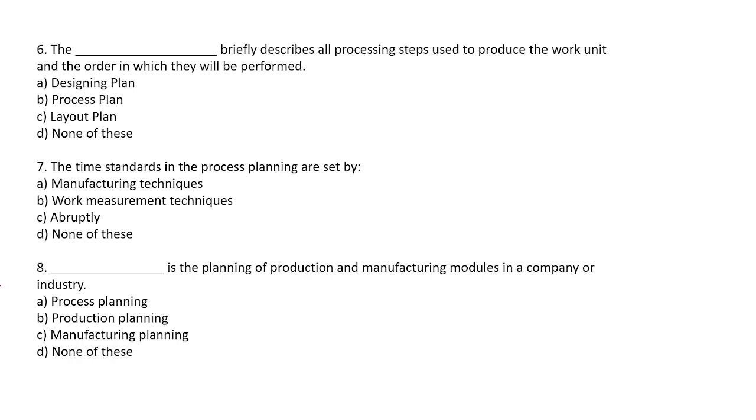Even in the coding system, there are different types. One of the most popular ones is the Opitz coding system, developed by the Germans, which is based on how a part is classified.